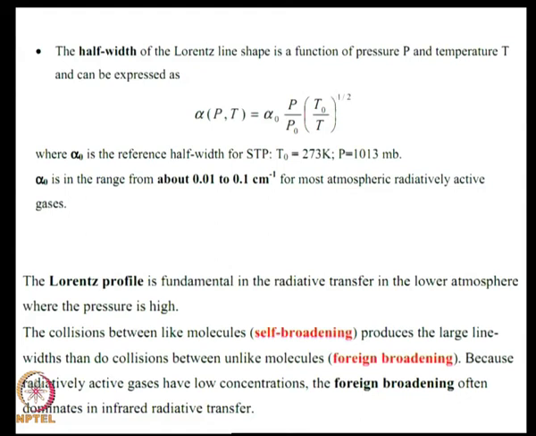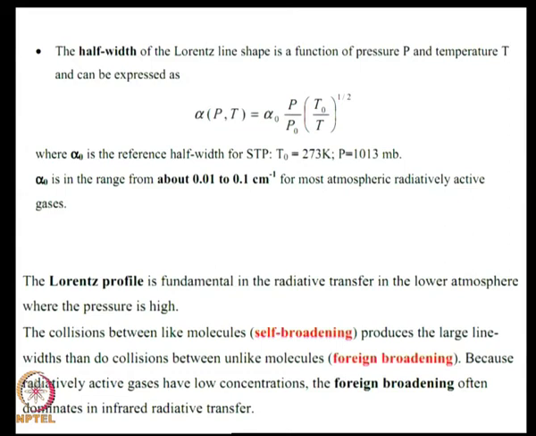Now, the broadening by collision has two components: collisions by other molecules. Suppose you are dealing with the carbon dioxide molecule and it collides with nitrogen or oxygen, then the efficiency of collision is a certain amount. But if a CO2 molecule collides with another CO2 molecule, then the energy interaction is more vigorous, because the molecules have the same mass, and so one has to treat the self broadening due to collision between like molecules, and it is different from foreign broadening, where a given molecule collides with another molecule.